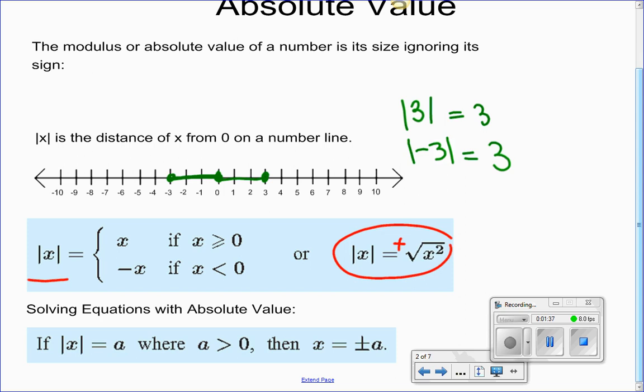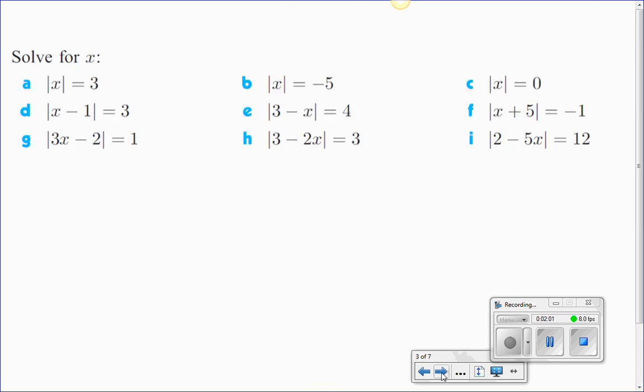So if you first square negative 3, anytime we square something, it becomes positive, right? So that's 9. And then if we take the square root of 9, we get 3. So the absolute value of negative 3, or squaring and then taking the square root, is another way to explain absolute value. Okay, long story short, we are going to apply this.